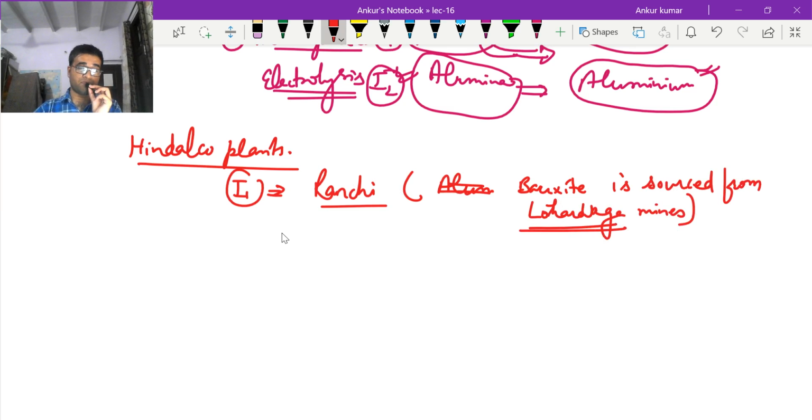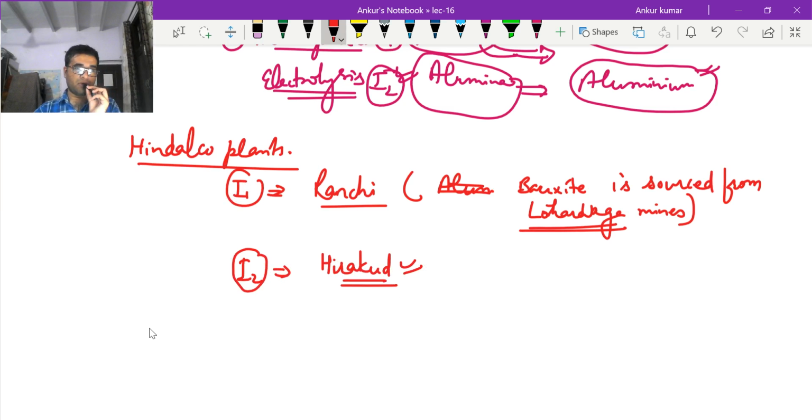This is the I1 process. Now first process has completed. Now we move on to the second process. This second process for Hindalco, that is the electrolysis, happens near the Hirakud dam, and Hirakud dam electricity is used, right, because of presence of HEP. So this is Hindalco plant.